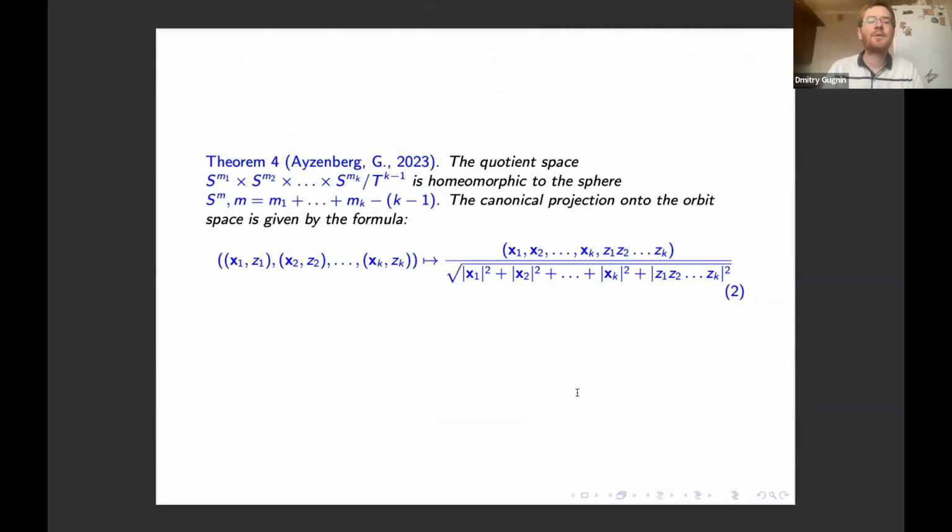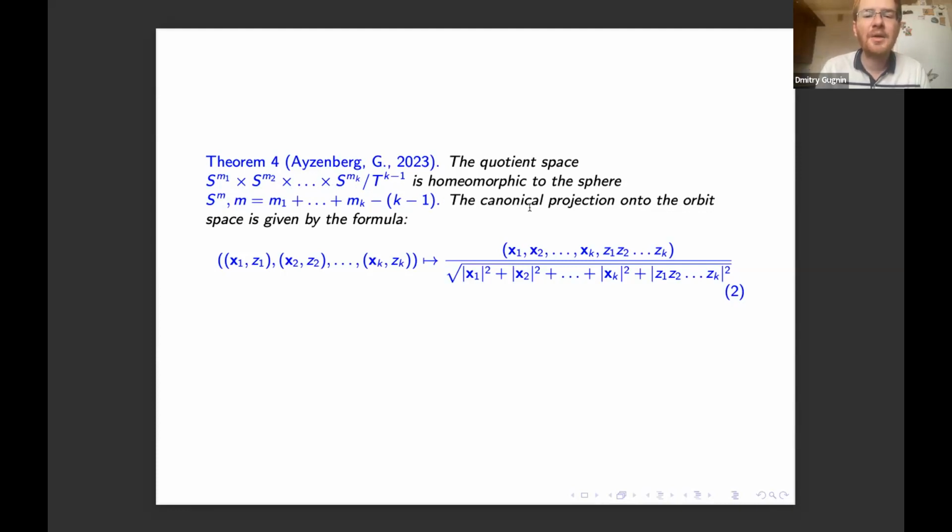And our theorem with Anton states that the quotient space of the product of spheres by this specific action of T^(k-1) is homeomorphic again to a sphere S^m, where of course the dimension is equal to the dimension of the manifold minus (k-1).